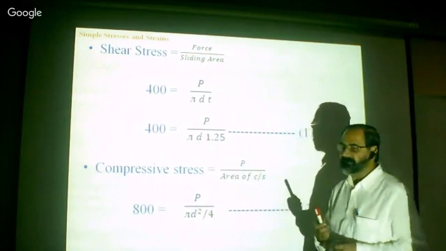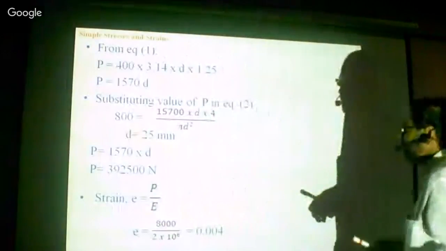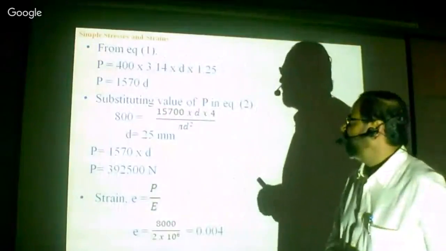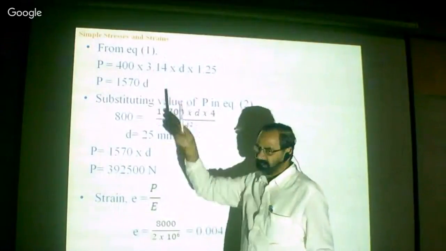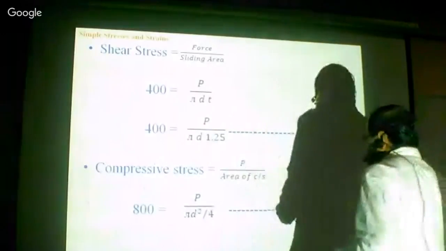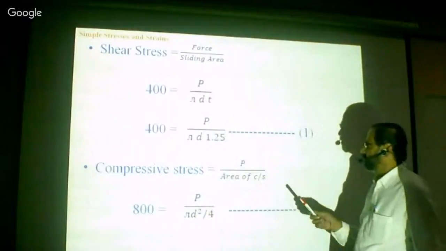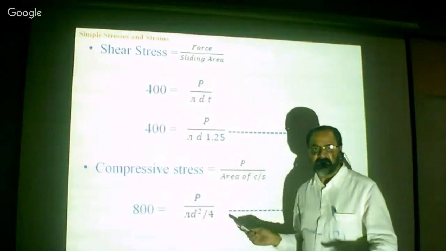Now therefore, what should we do next? From equation 1, P is equal to this. I want to highlight something here: our students make mistakes in transferring terms, in cross multiplication.